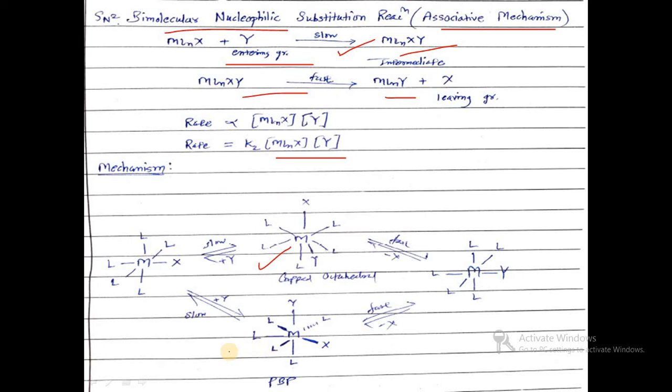Capped octahedral and pentagonal bipyramidal 7-coordinated intermediates are formed in the SN2 type of mechanism.